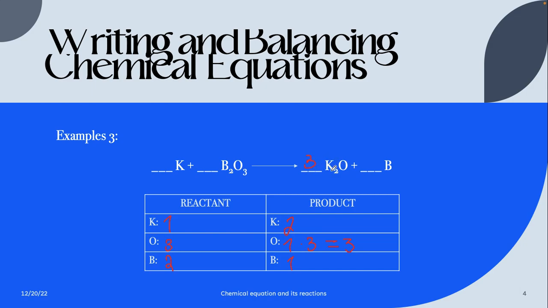So we no longer have 2 potassium, but now we have 6. By having 6 now, we need to multiply the potassium on the reactant side by 6 for these to be equal. So we put our 6 up here.